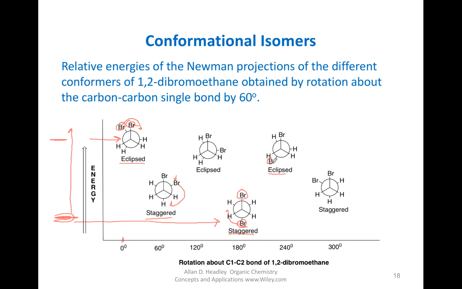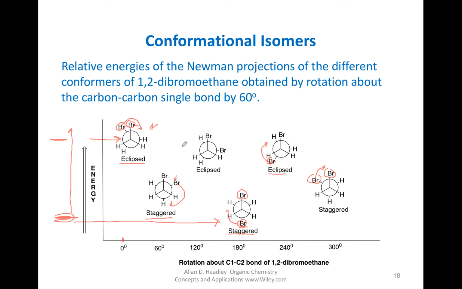And if you take it and rotate another 60 degrees, we have another staggered, close to each other, but not directly behind each other. That's the gauche, and it's a little more stable than this because these two groups are directly behind each other, whereas here they're not. And of course, if you rotate another 60 degrees, you're back to this conformer.